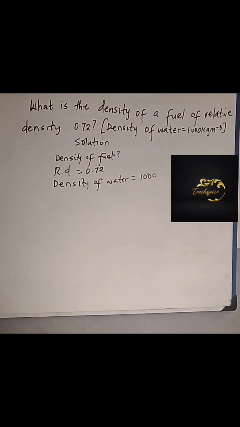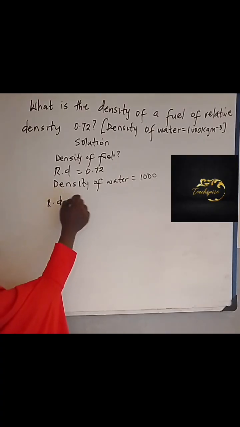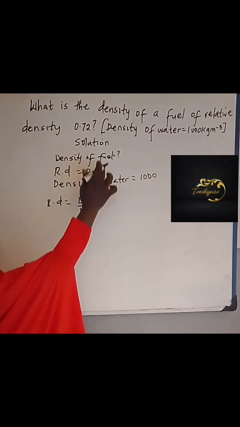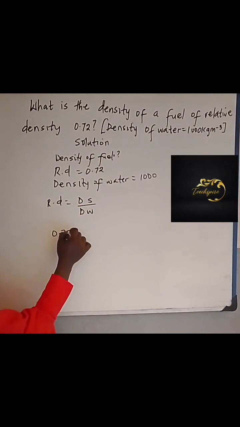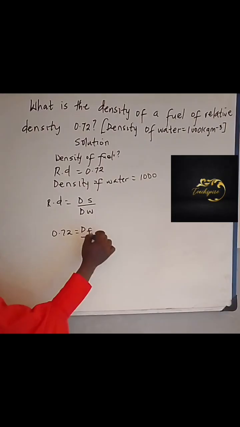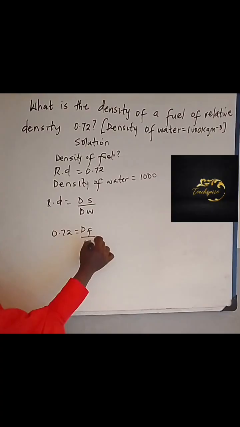You need to remember the relationship that relative density equals the density of substance over the density of water. The substance in this case is the fuel. So relative density is 0.72, which equals the density of fuel that we're looking for, all over the density of water, which is 1000.